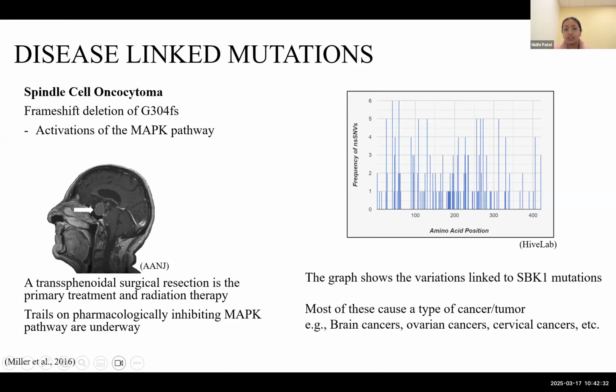Most of these mutations do lead to cancer, so they are carcinogenic. Most of them are related to the brain, as I mentioned, and some are present in lung, ovarian, or cervical cancers as well. This is because it affects the MAPK pathways and inhibits apoptosis, as well as causing uncontrolled cell proliferation.